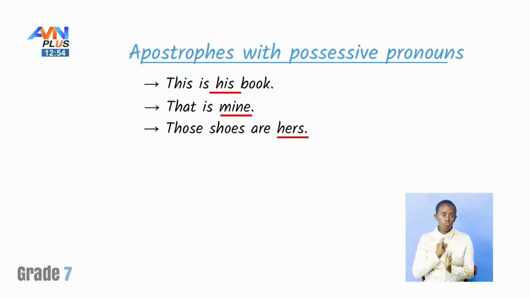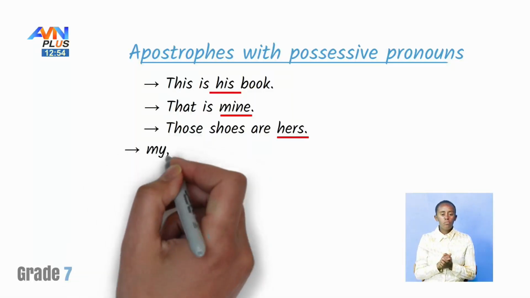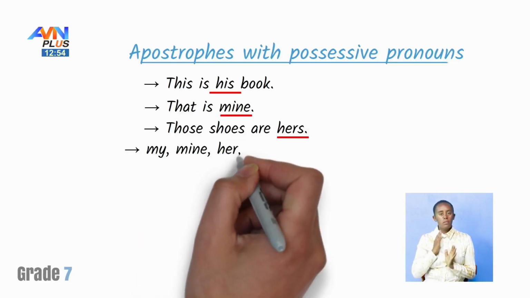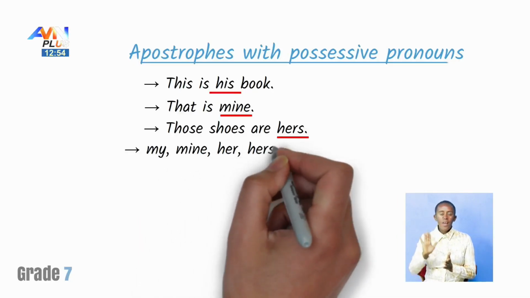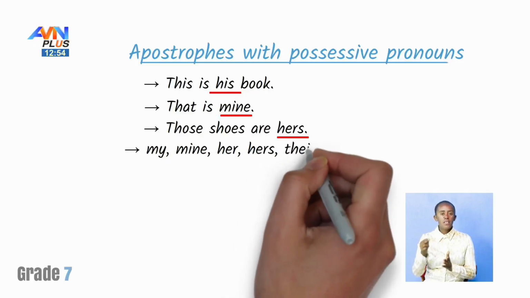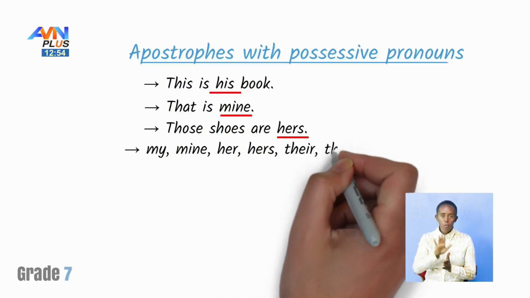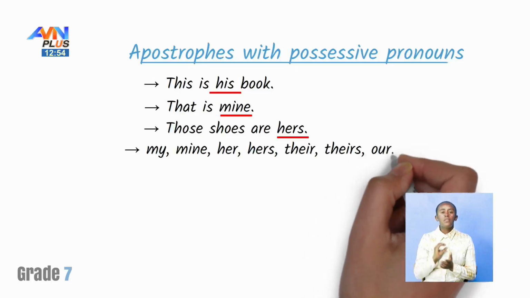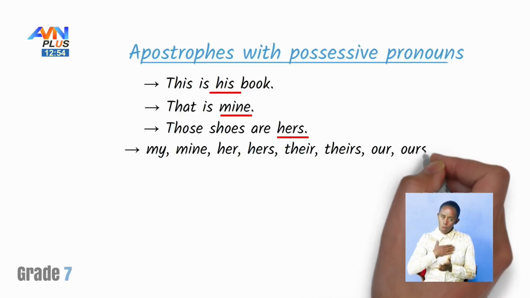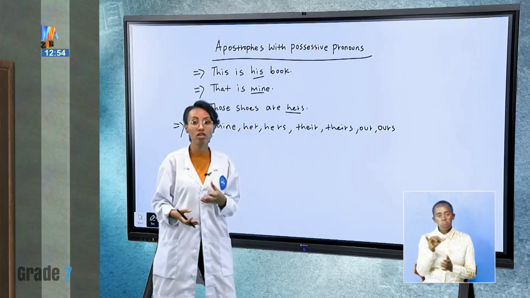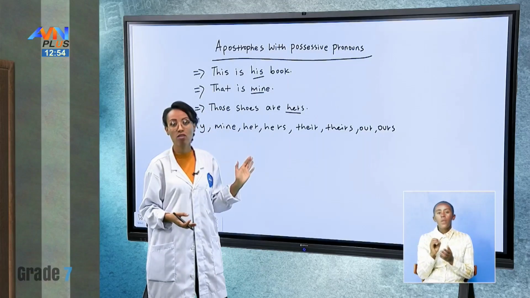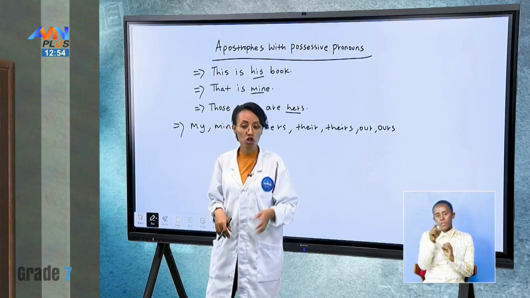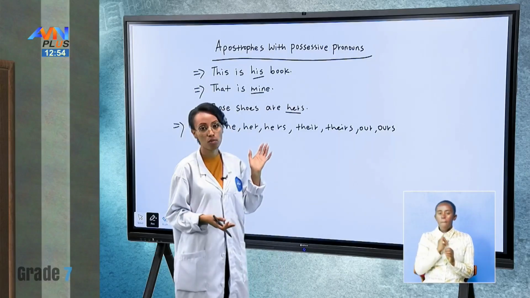So possessive pronouns like my, mine, her, hers, their, theirs, our, ours, and the like. These are possessive pronouns on their own, so they do not need an apostrophe to show possession.